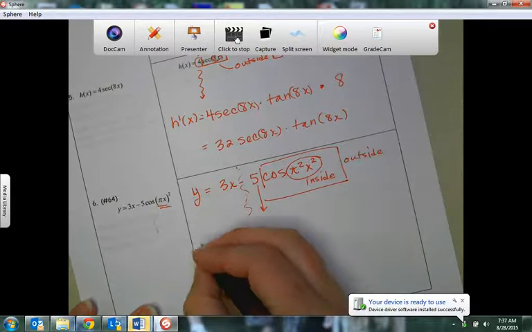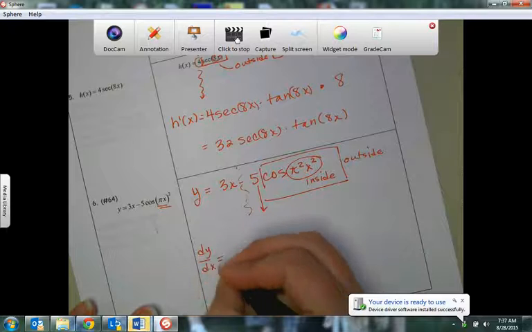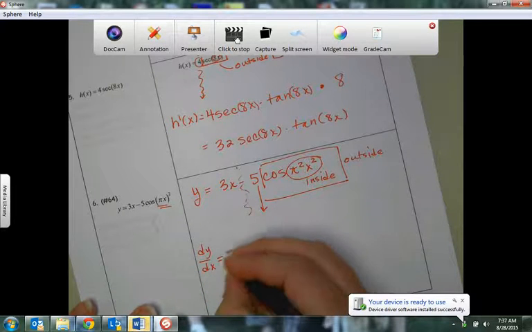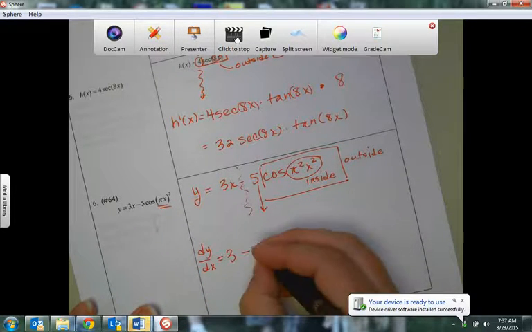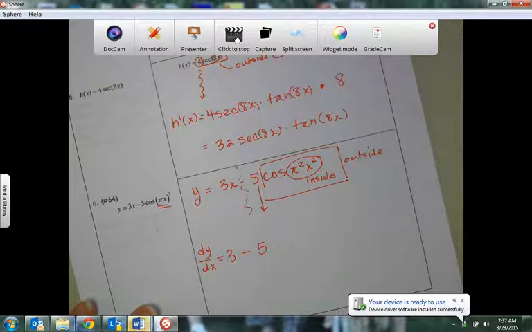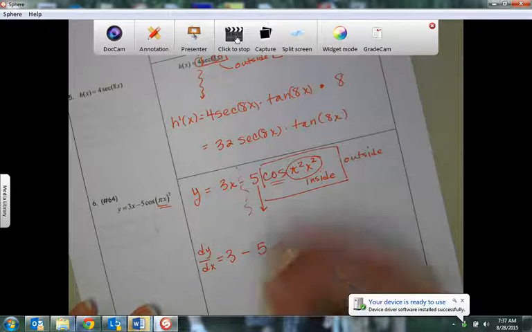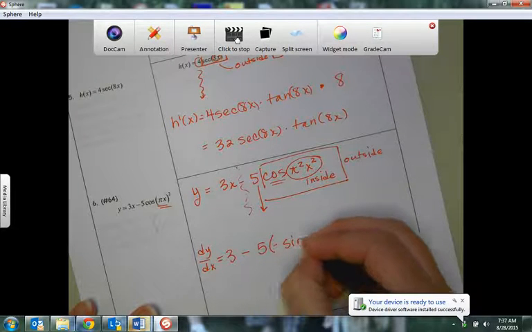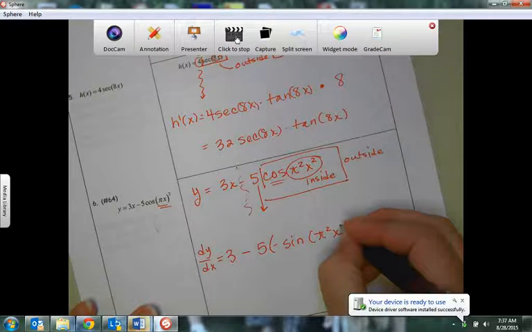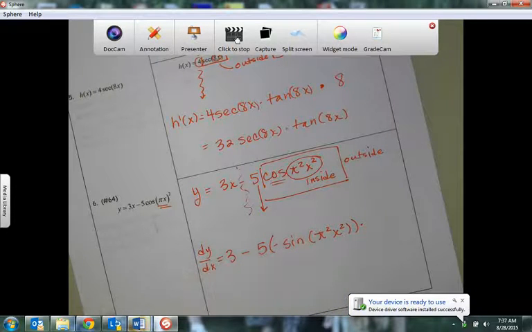So my dy dx is going to equal derivative of 3x is 3, minus 5 goes along for the ride. The derivative of the outside is a negative sign, leave the inside alone, times now the derivative of the inside.